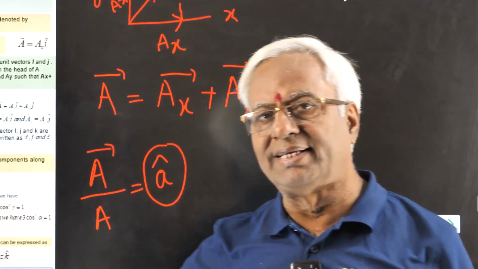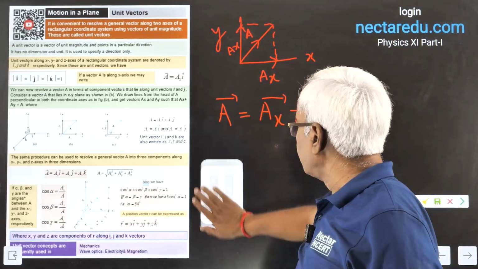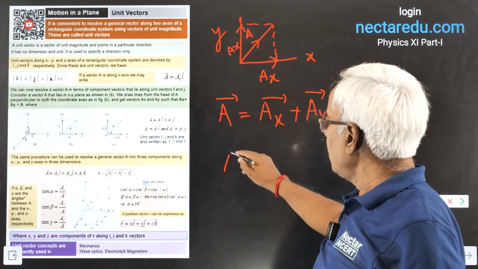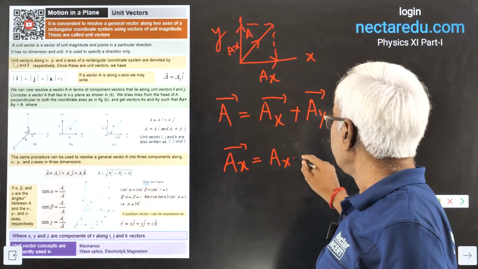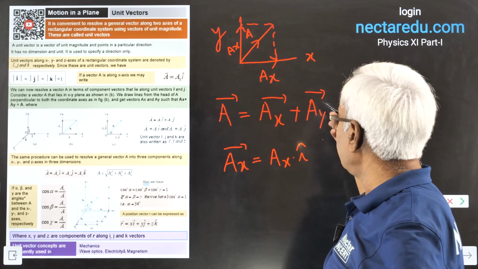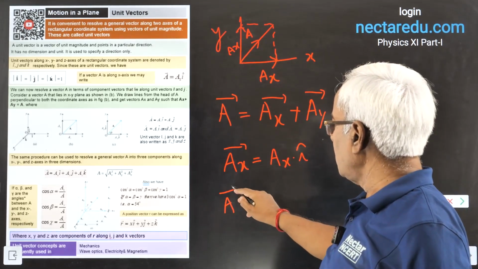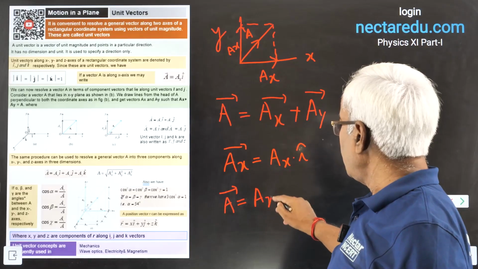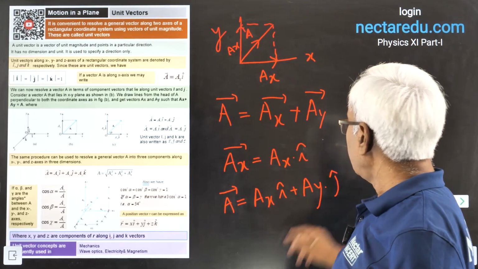They have fixed direction. So we can write vector ax as axi, similarly ay as ayj. Then vector A becomes axi plus ayj, and so on.